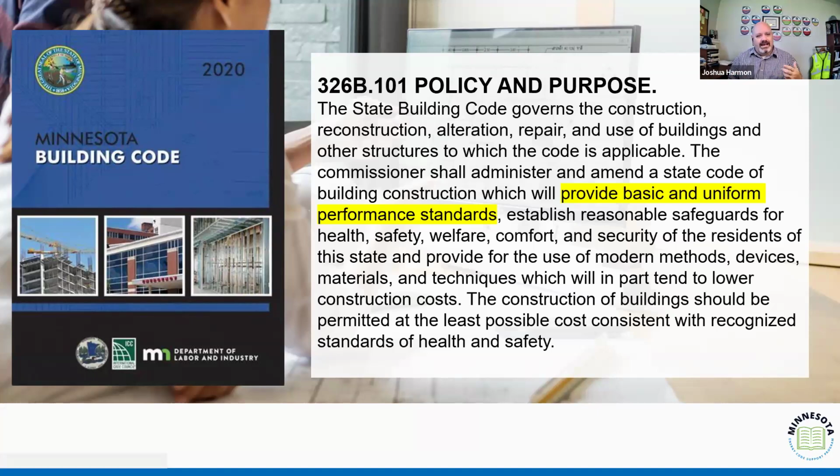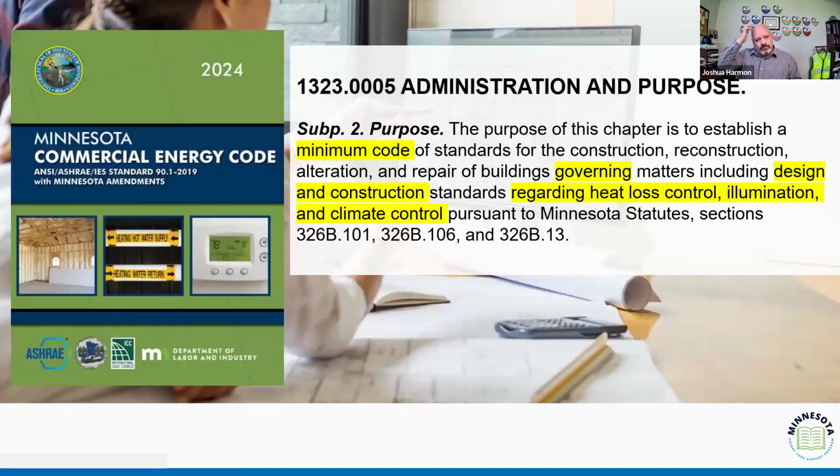And so in that context, the energy provisions of the code are designed to further allow for that design to control or to encourage the efficient use and conservation of energy through concepts and designs that regulate what it says here: heat loss control, illumination, and climate.